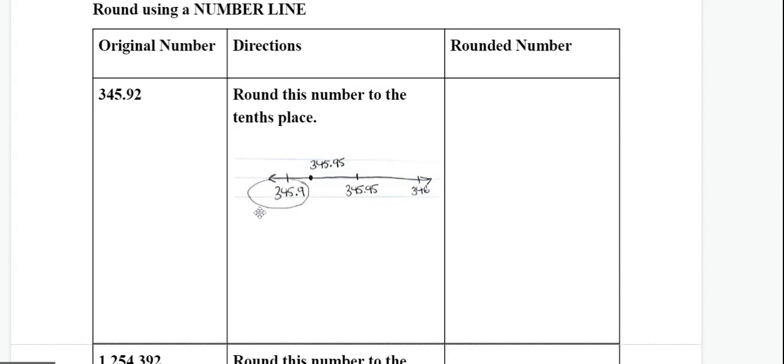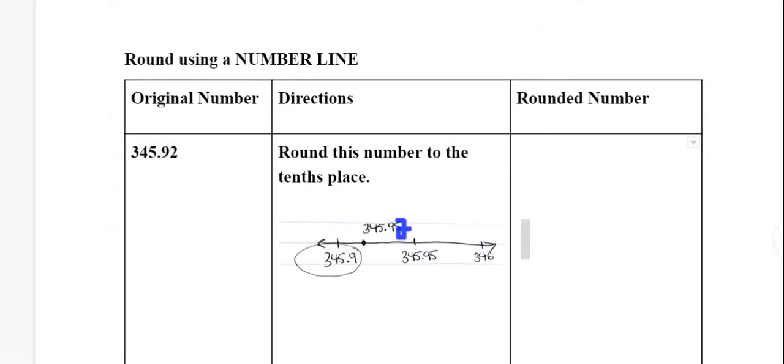Now, when we're rounding to the nearest tenth, you will always look to the next smallest place value, which is the hundredths place. And the number in our hundredths place is going to help us decide whether we're going to round up or down. And when rounding, we know that our midpoint is always 5.